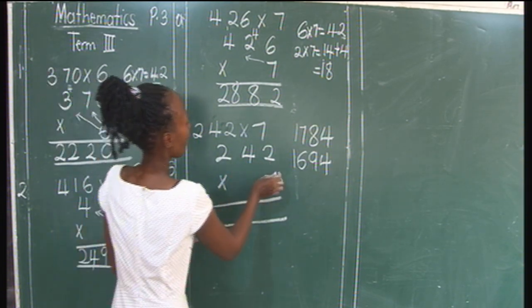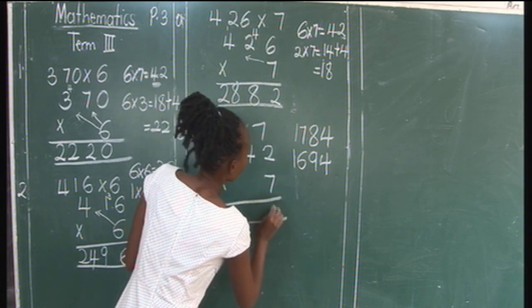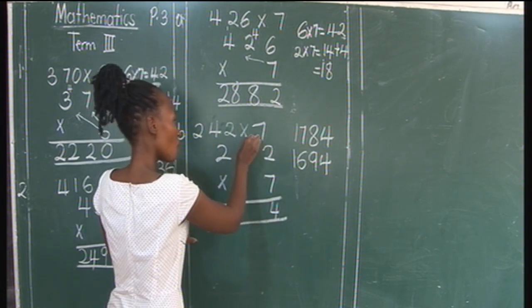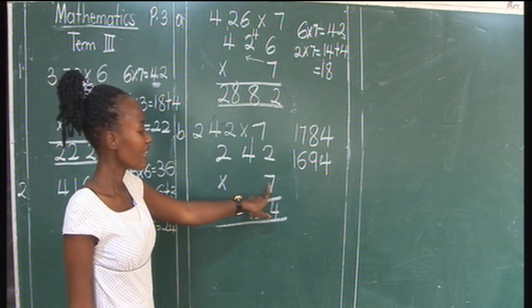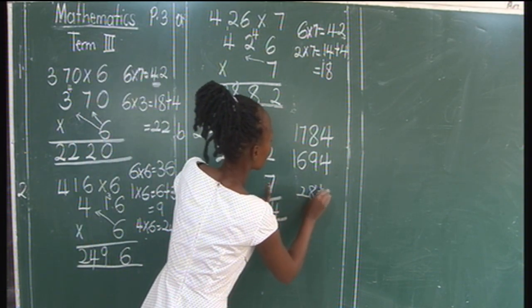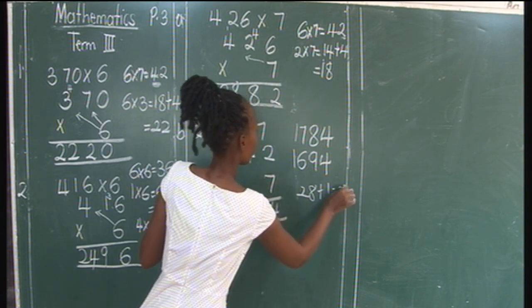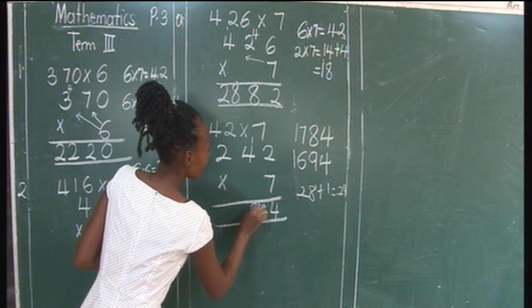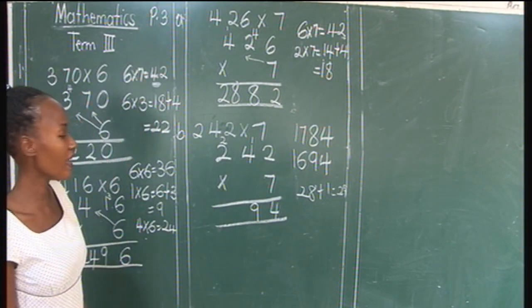Let's come back here. 2 times 7, that is 14. We shall write 4. We carry 1 to the next place value. Now 4 times 7, that is 28. 28 plus 1, that is 29. Now we shall write 9. We carry 2 to the next place value.